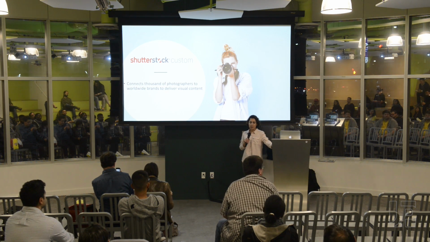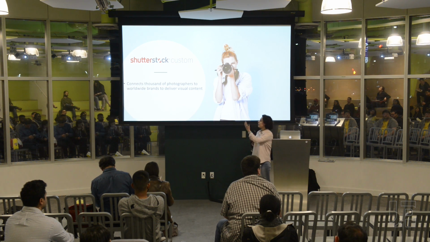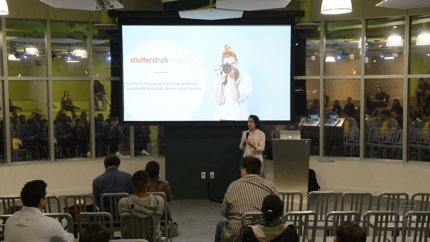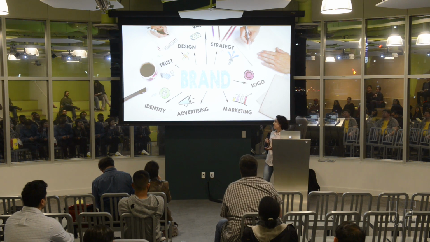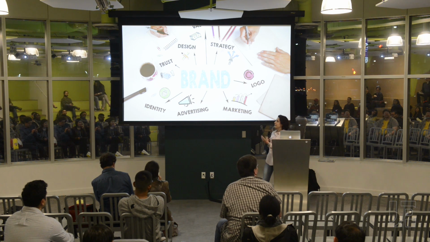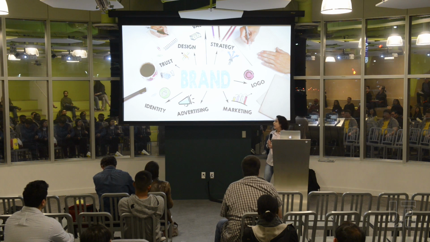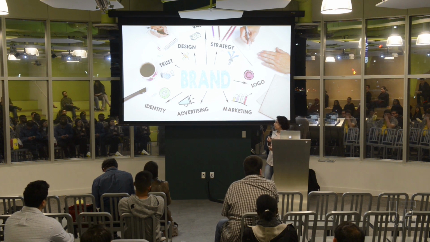In Shutterstock Custom, we provide visual content to different brands around the world. On one side, we have a huge network of photographers, or generally speaking, videographers, and on the other side, we have the brands that need that content for their marketing, for their advertising, and for building a good relationship with their audience.